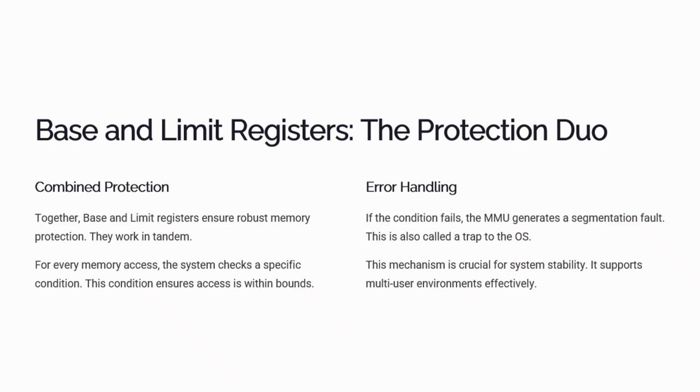This method prevents buffer overflows, memory leaks, and unauthorized access. It also helps in running multiple programs at the same time safely. This is vital for multi-user and multitasking environments. In case of any violation, the MMU informs the OS through a trap, keeping the system stable.